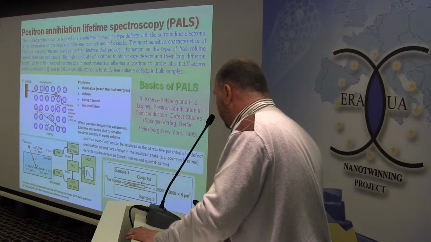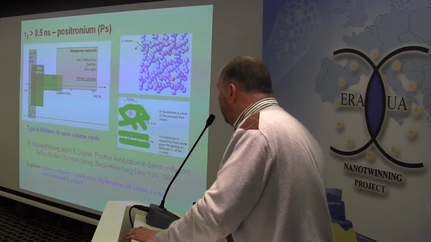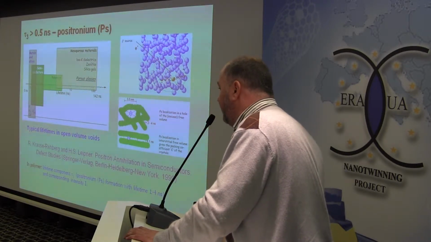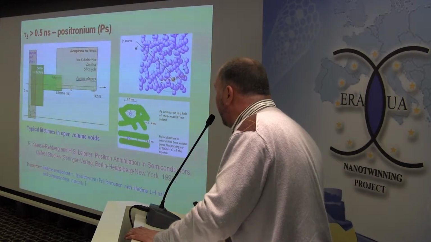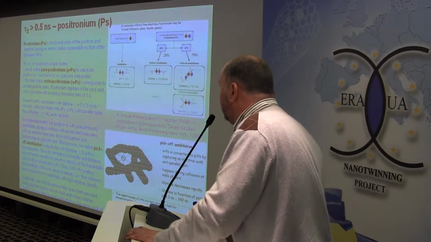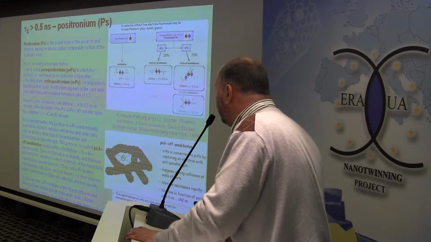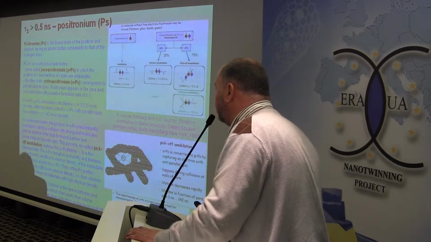The most important thing for polymers is the existence of positronium, which has a lifetime of more than 1.5 nanoseconds. Positronium is the bound state of the positron and electron, having an atomic radius comparable to the hydrogen atom.